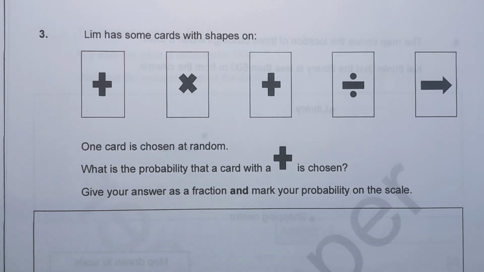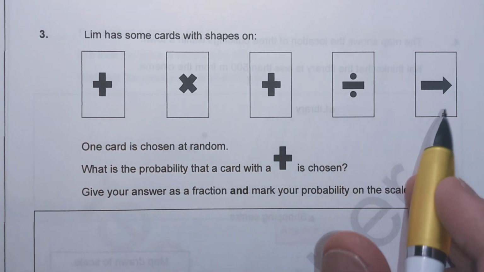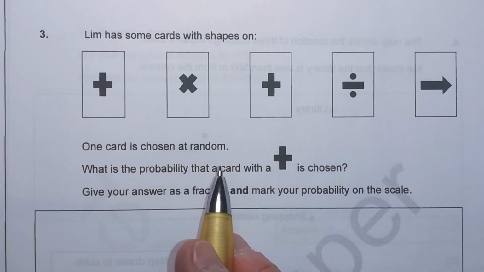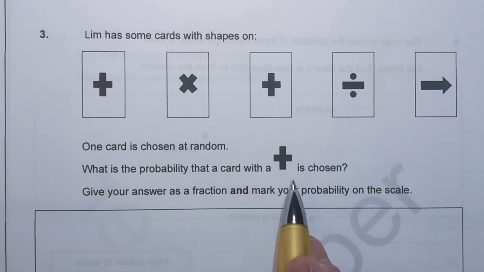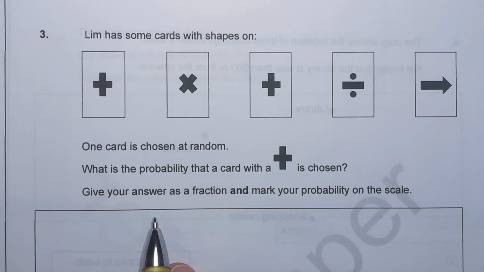Question 3. Liam has some cards with shapes on. So we've got 5 different cards there. 1, 2, 3, 4, 5. One card is chosen at random. What is the probability that a card with a cross like this is chosen? Give your answer as a fraction and mark your probability on the scale. Well, so let's work out the probability first of all.